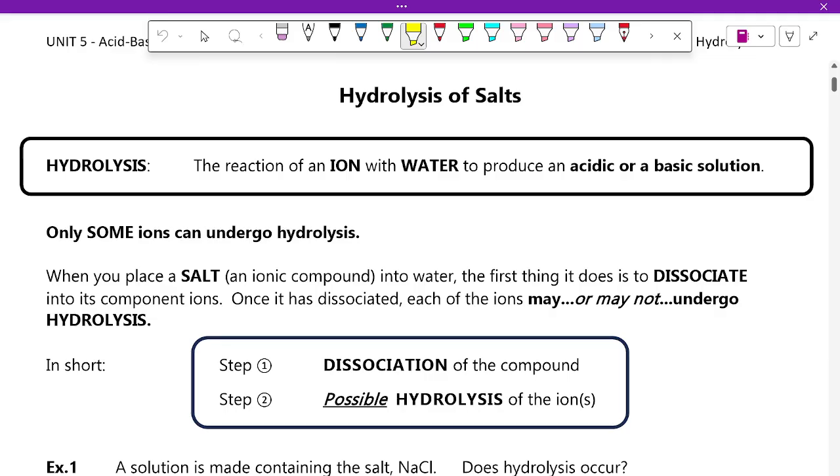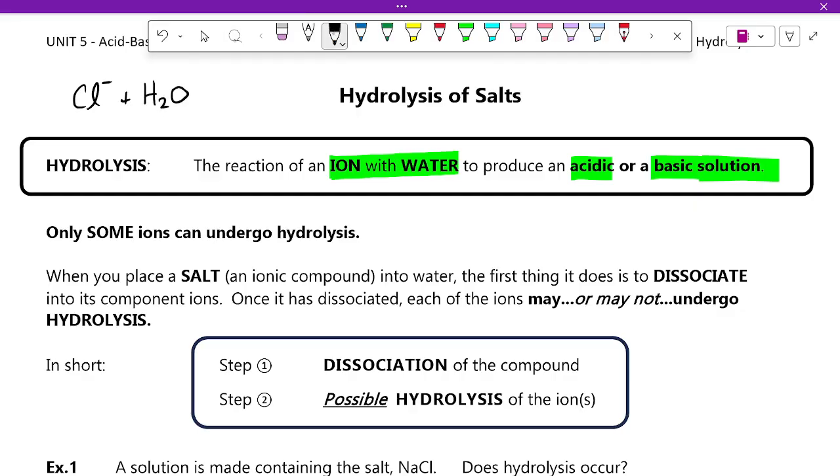This is the reaction of an ion with water to produce acidic or basic solution. Only some ions can undergo hydrolysis. So for example, we've already looked at ones that can't. Can chloride undergo hydrolysis? Can chloride react with water?